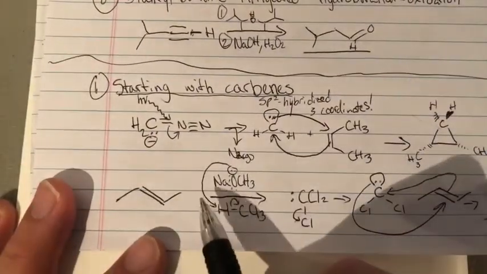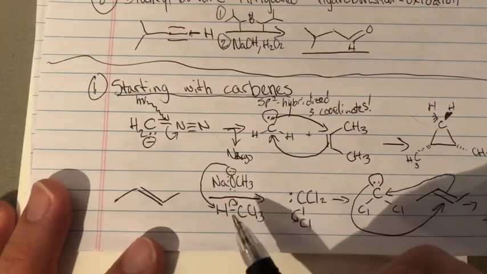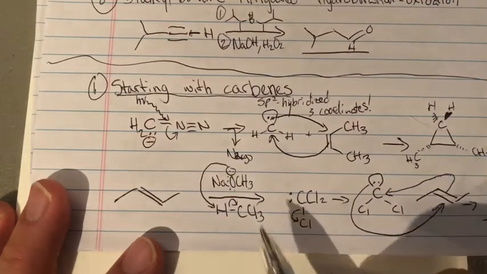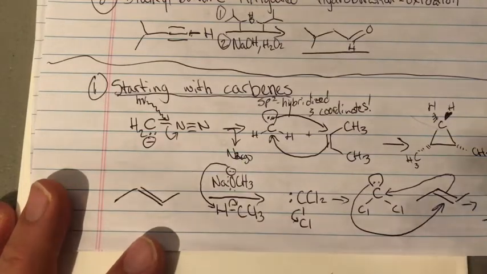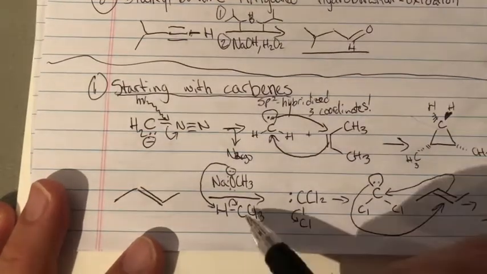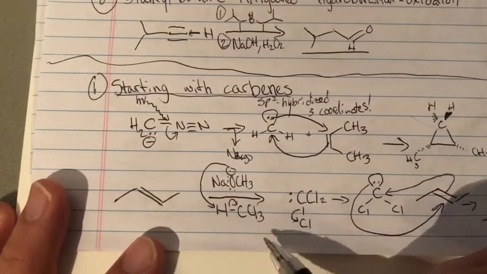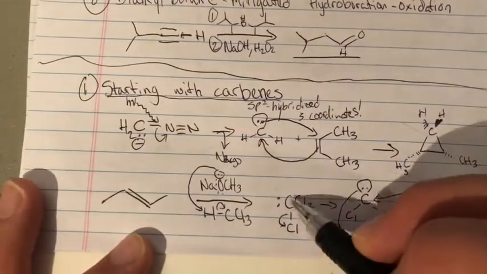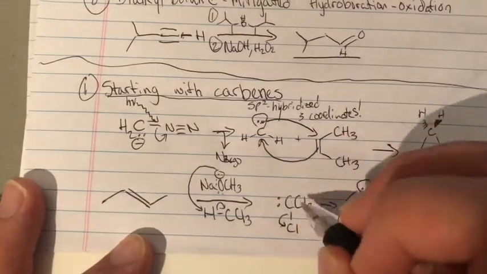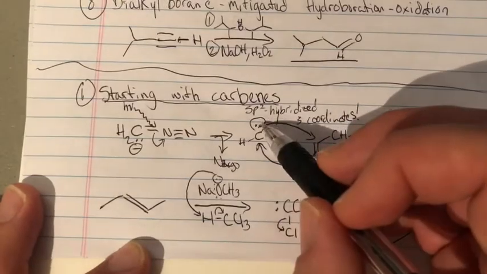Okay, another way you can generate a carbene is by deprotonating a chloroform or something isoelectronic to this. So once you've deprotonated and you have a negative charge here, notice how this isn't charged.